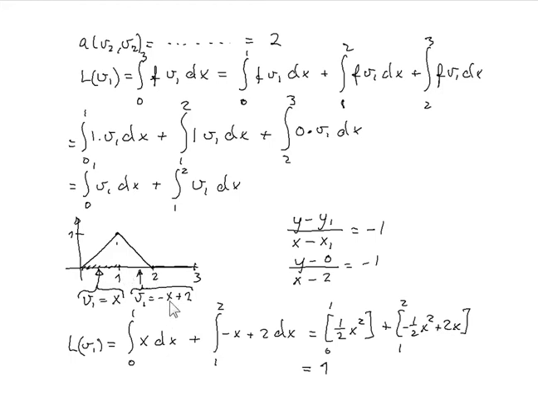Just for checking, put x equal to 2 in here, then we should have 0, which we have, and we know that the slope is minus 1, so this must be the equation for this line.